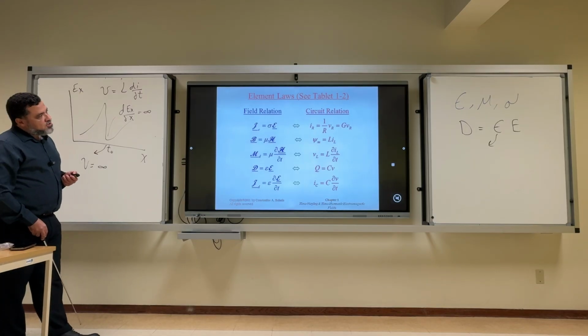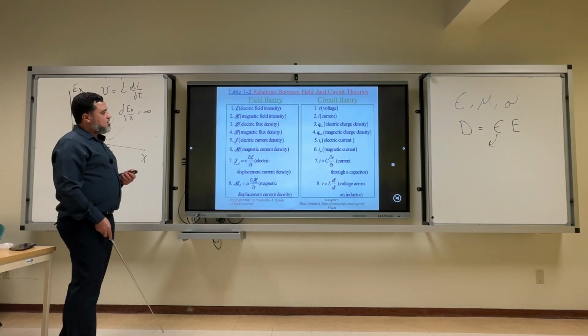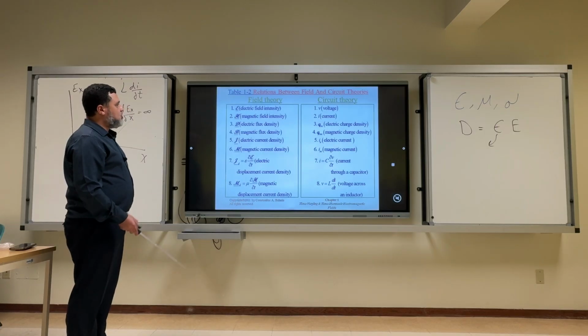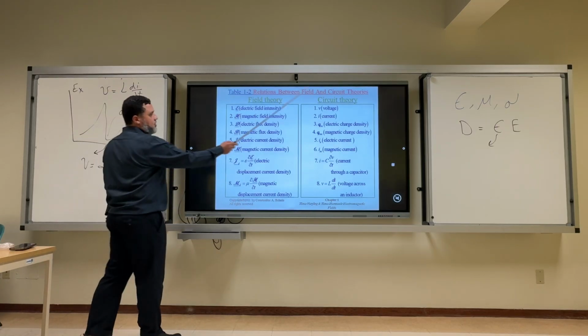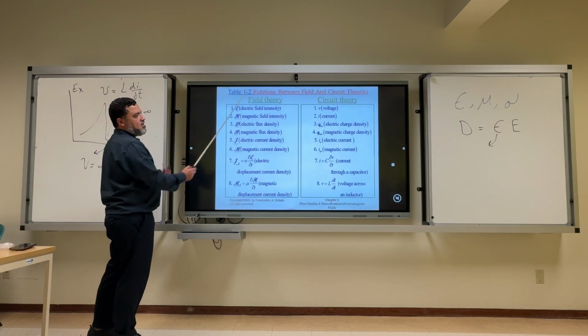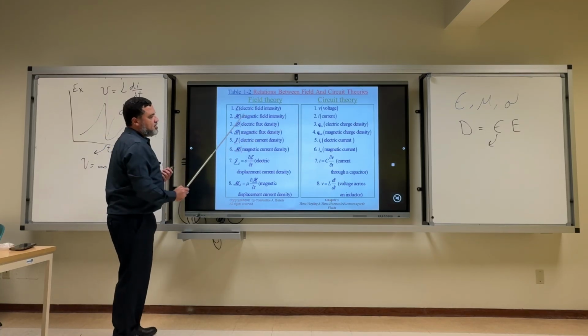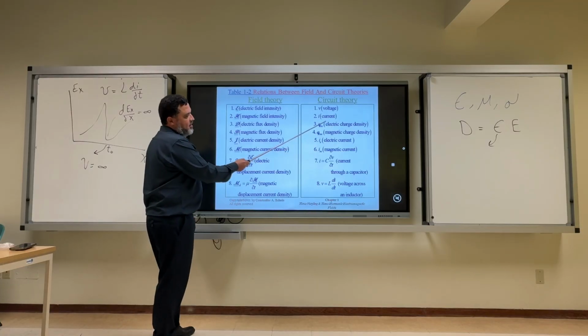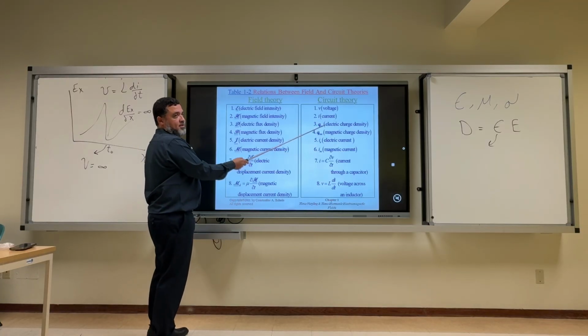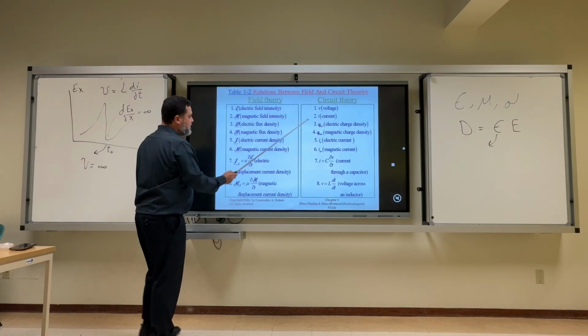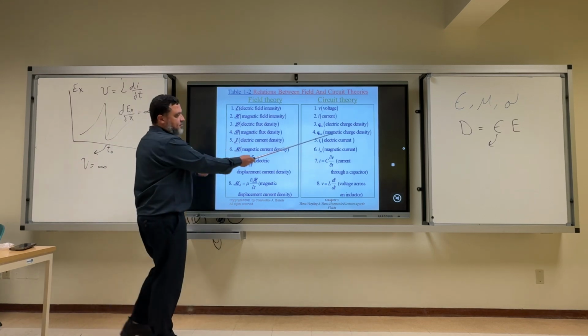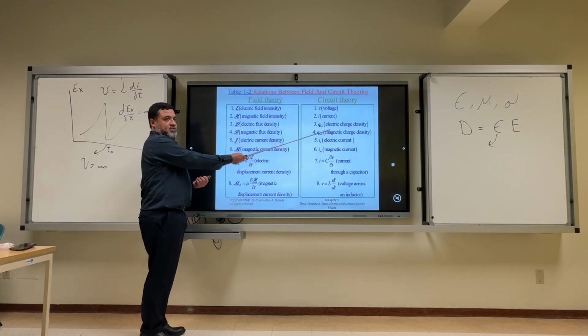So this is a field relation, circuit relation, and these are the parameters we have used in field theory and circuit theory. So the electric field can be replaced by V, voltage; H, current, ampere; D is the electric charge density, coulomb per cubic meter, the volume charge density. B will be the magnetic charge density, if they ever exist.